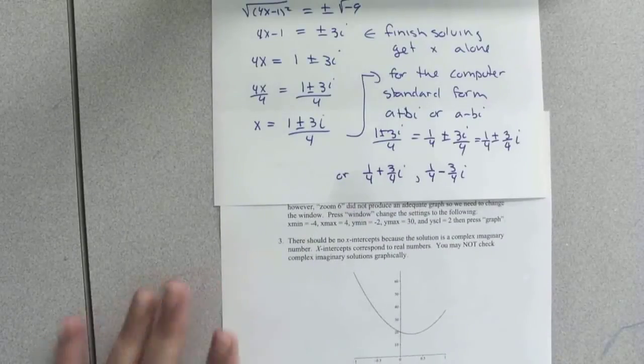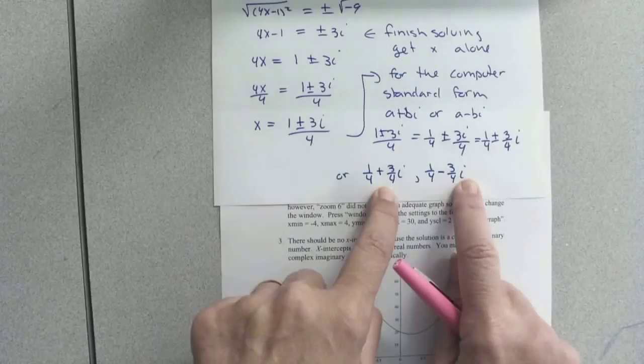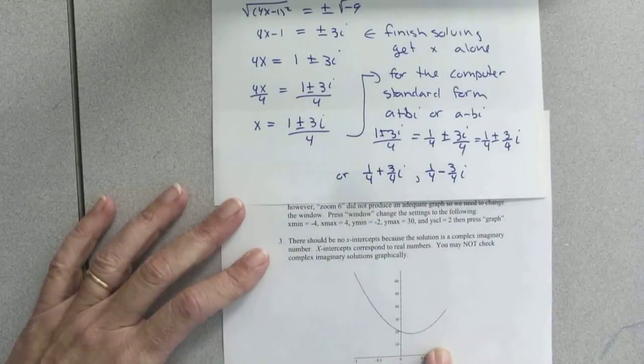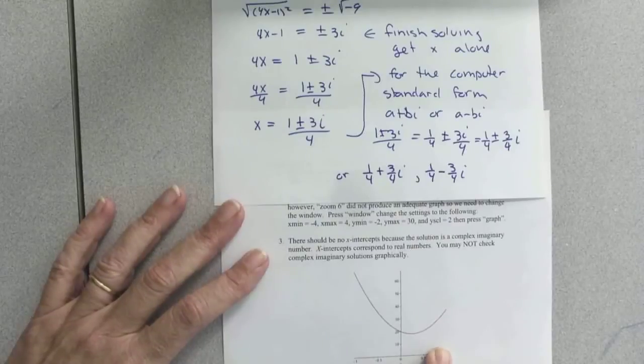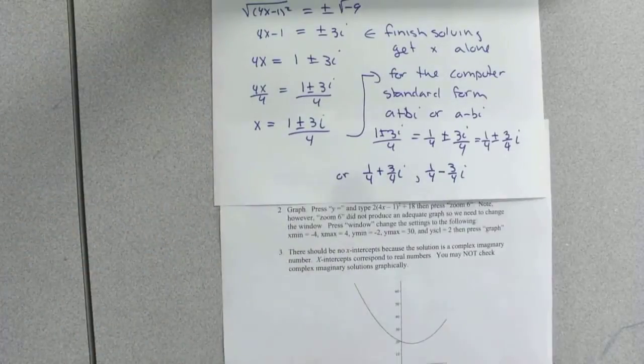So the graphing approach to checking does have its drawbacks, that it won't check for 100% accuracy because our answers involve the imaginary unit. But at least it does tell me, hey, no x-intercepts, the answers must be imaginary. So that was the square root method.